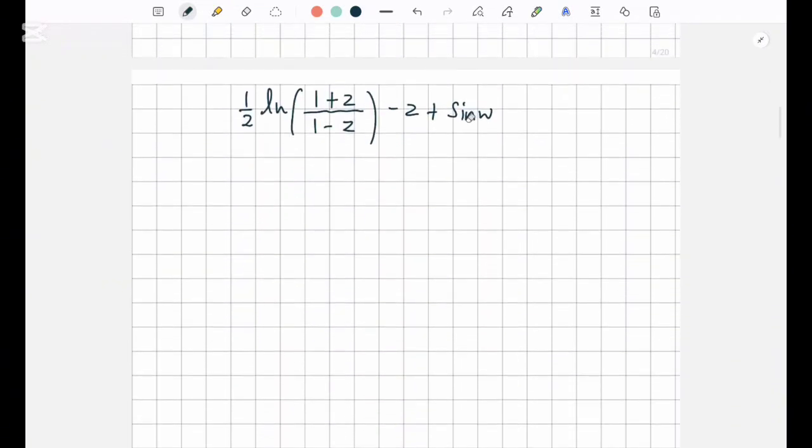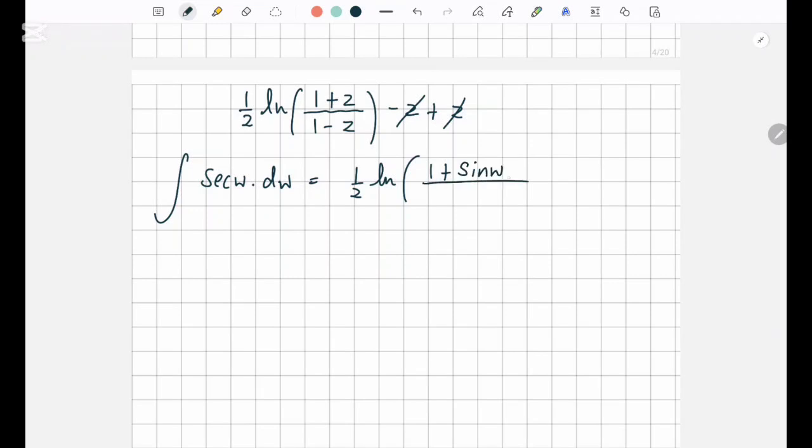So sine w is z, right? So you can see these two cancel off. So this shows that the integration of sec w equals half ln 1 plus sine w over 1 minus sine w, right?